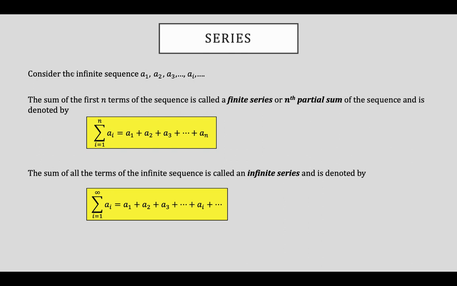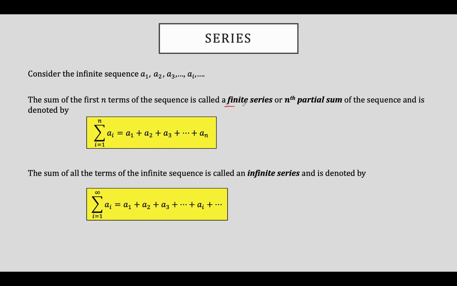Again, infinite sequence means I just have an infinite list of numbers. The sum of the first n terms of the sequence is called a finite series, or an nth partial sum of the sequence, and is denoted by the sum from i equals 1 to n of a subscript i, which would be equal to a1 plus a2 plus a3 plus dot dot dot plus a subscript n.